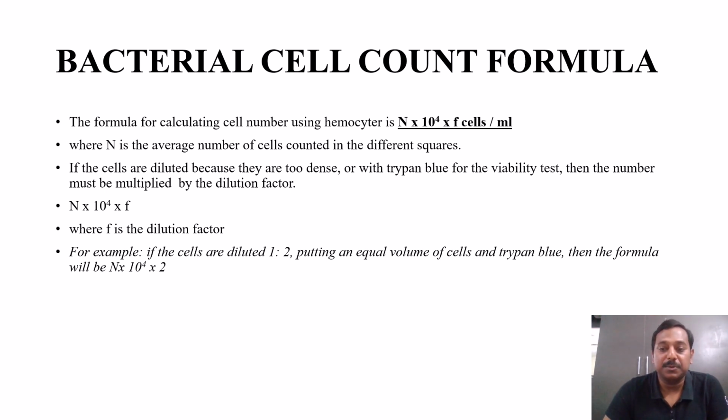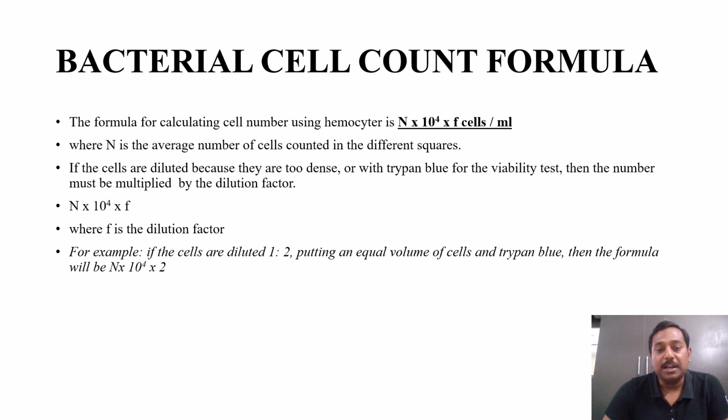Always remember to use it. N is the average number of cells per one of the corner squares. So you can count from all the 4 corner squares and take an average, and that will be your N value. N is the average number of cells counted in the different squares. We only use the 4 corner squares to do the count.